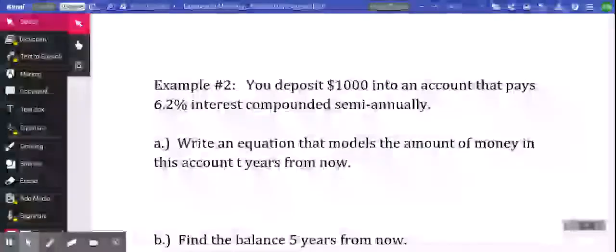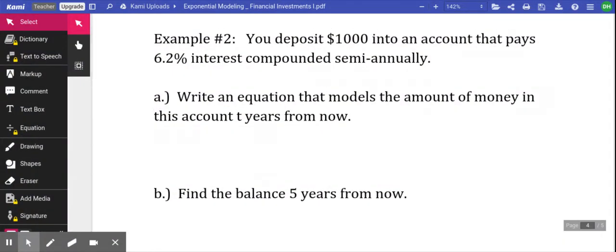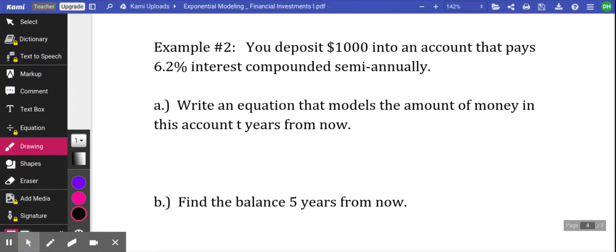Here's another scenario to consider. You deposit $1,000 into an account that pays 6.2% interest compounded semi-annually. All right, let's highlight a few things here. This $1,000 is going to be your principal, so that's my P. This percentage tells me that R equals 0.062, and when something's compounded or paid out semi-annually, we would say N equals 2.